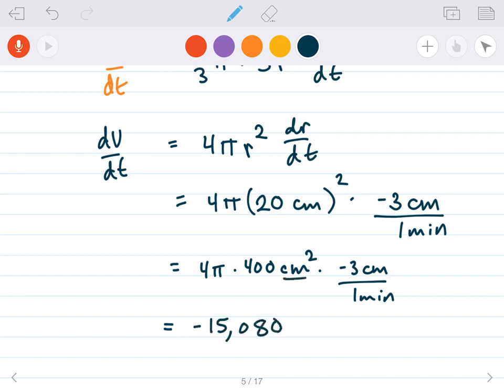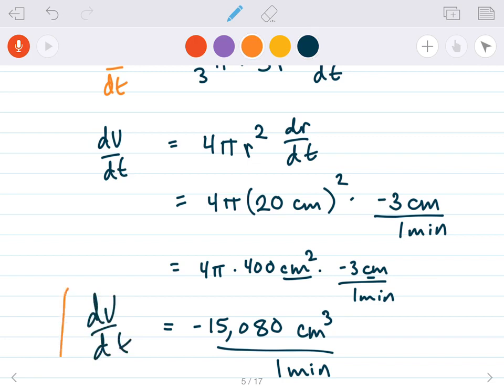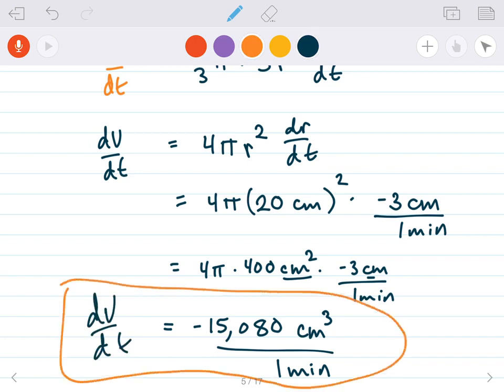Okay, and then centimeter squared times centimeter is centimeter cubed all over minutes, okay? So the volume, dv dt, which we were looking for, is decreasing at a rate of negative 15,080 centimeters cubed per minute.